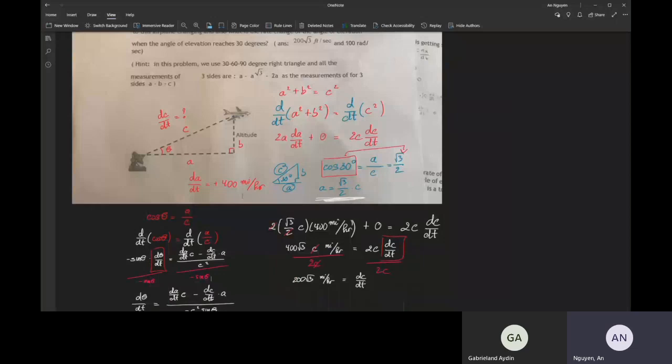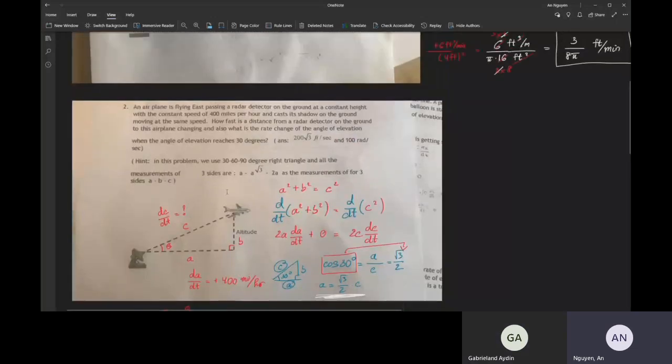How do I get C? 400 miles and then 30 degrees.